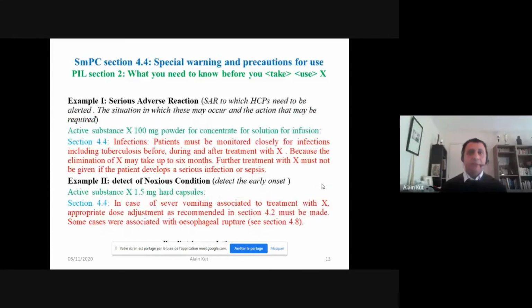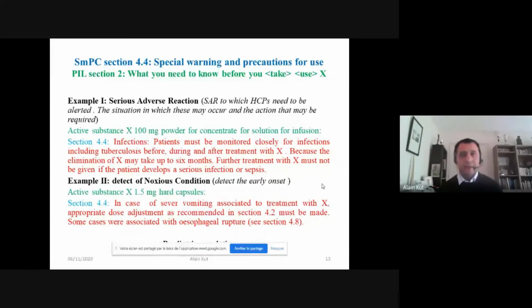An example in this section, which is related to serious adverse reactions that the healthcare professional needs to be alerted to. For instance, infections.